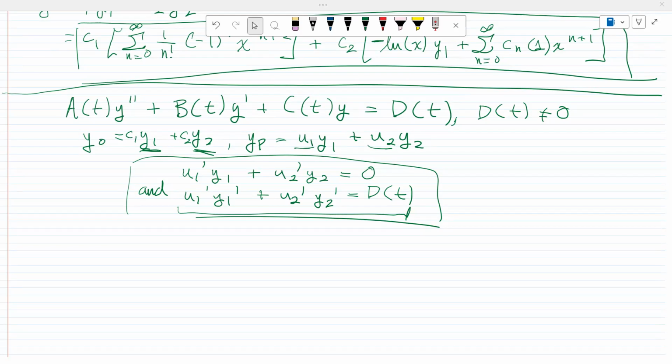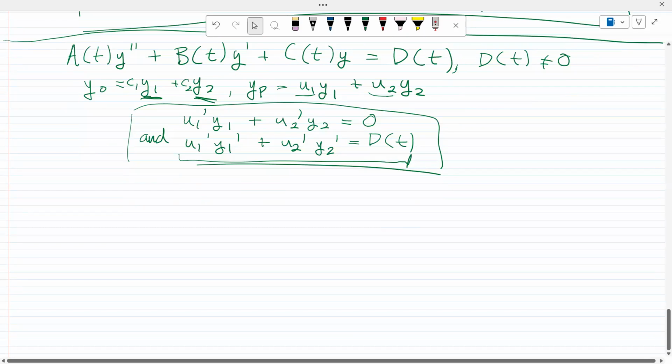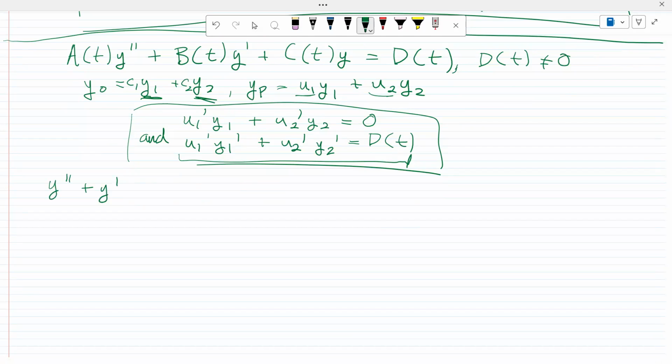Right? So we have y double prime plus y prime minus 6y is equal to 52 cosine of 2t. Okay. So this is example number 2.